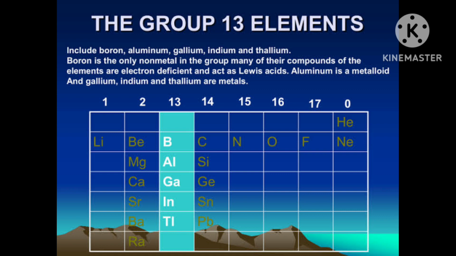Here, this is the first ionization energy. First ionization energy is less than second, and second is less than third. Now you are understanding the reasoning for why the first is less.